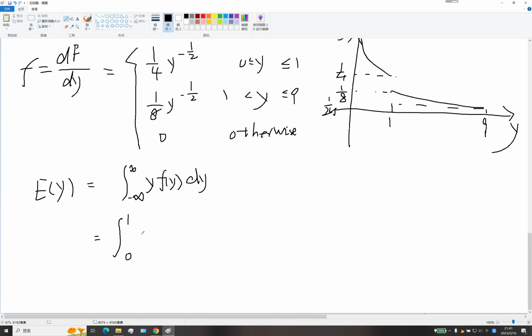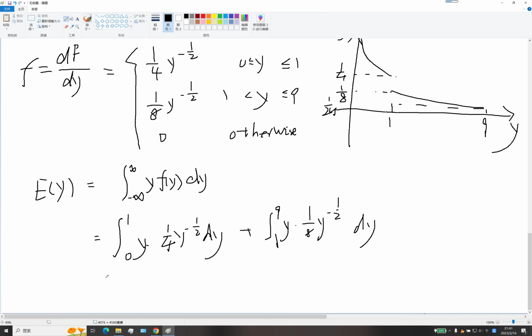When it is from 0 to 1, f_Y is this, plus when it is from 1 to 9, the f_Y is this.